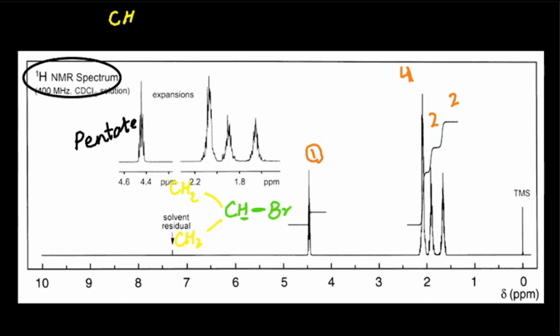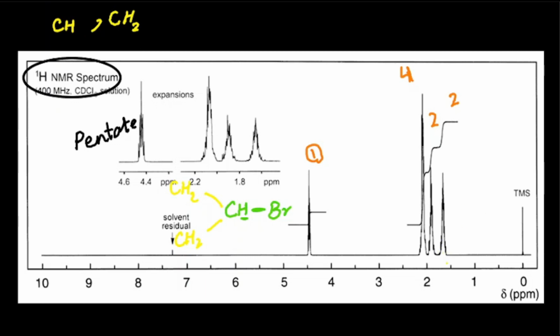Why are the 2 CH2 groups attached here to give us the pentet? Because in your C13 NMR spectrum, only 2 kinds of carbons were detected: one was the CH2 and the other was the CH group. The CH group is directly attached to bromine, so it is attached to 2 CH2 groups to give us a pentet splitting pattern.